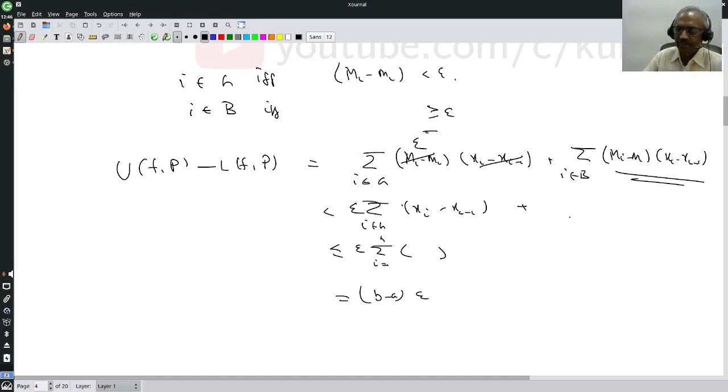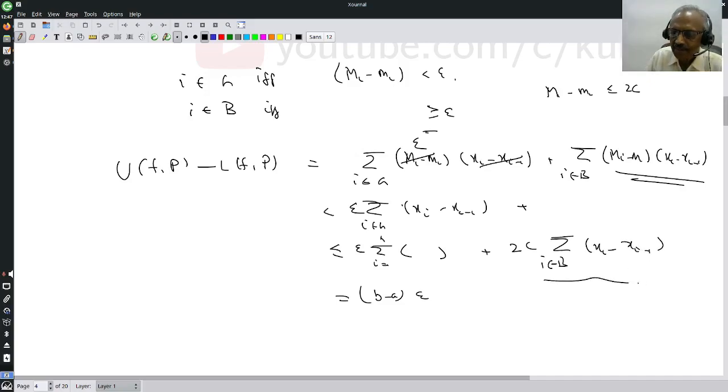How do I estimate? Notice that M_i minus m_i will be less than or equal to 2c. Use the crude estimate: maximum minus minimum will in some sense be less than or equal to 2c. Therefore, this is less than 2c times the sum over i in B of (x_i minus x_{i-1}).